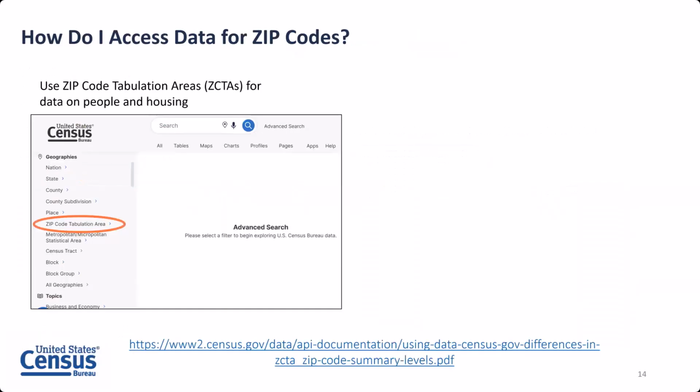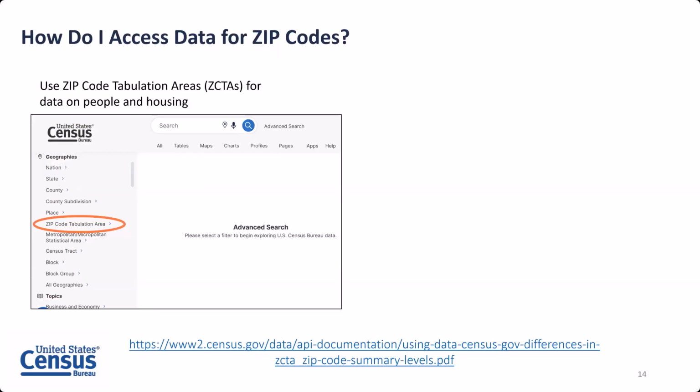Another question we often get from users is, how do I access data for zip codes? We have made this process easier over the past couple years. On the left-hand side, you'll notice that zip code tabulation area, also called ZCTA, is listed here as one of the common geographies suggested that you may want to try from the start.